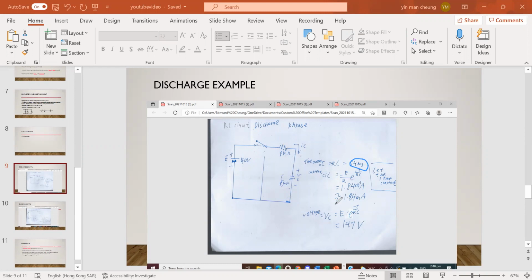So the current is 1.84 milliamps, and the voltage is E times e to the power of negative t over the time constant. So it is 14.7 volts.